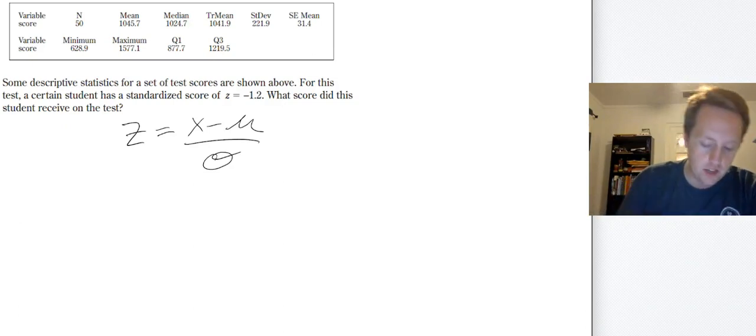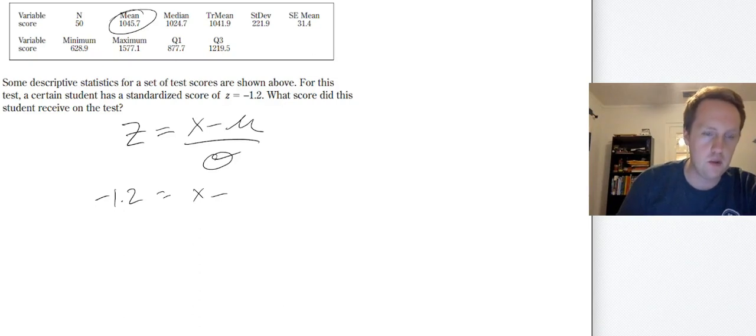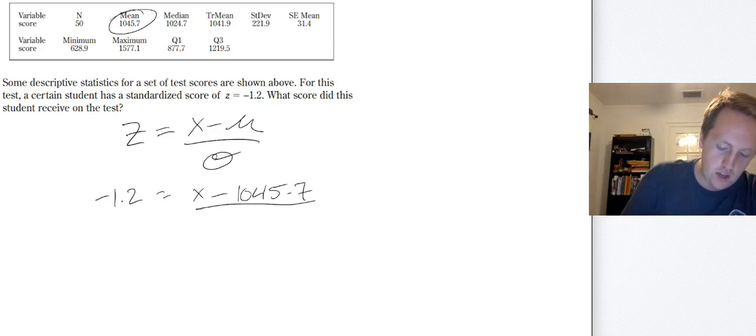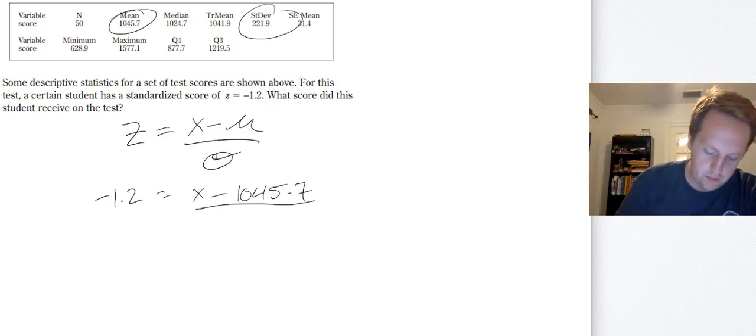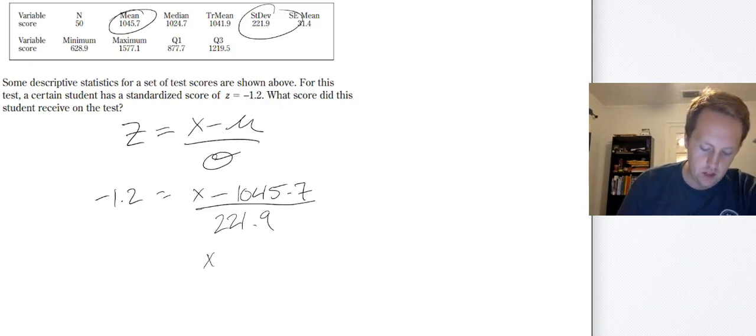So we're going to plug in the z-score of negative 1.2 that they gave us. X is what we're solving for. The mean is given in the summary statistics, 1045.7. And the standard deviation is 221.9. So we're going to multiply both sides by 221.9. That's going to leave me with x minus 1045.7 on this side.